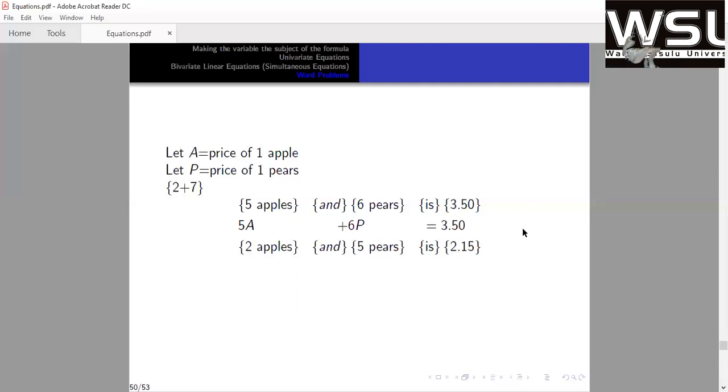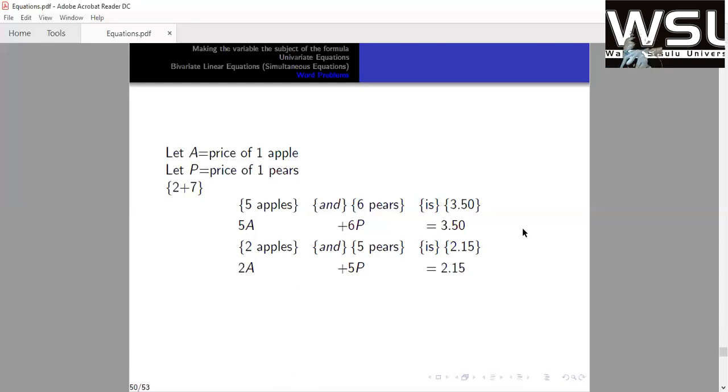And the second statement said 2 apples and 5 pears is 2 rand 15 cents. So we've got 2 apples is 2A, plus 5 pears, 5P, and then is equal to 2 rand 15 cents.